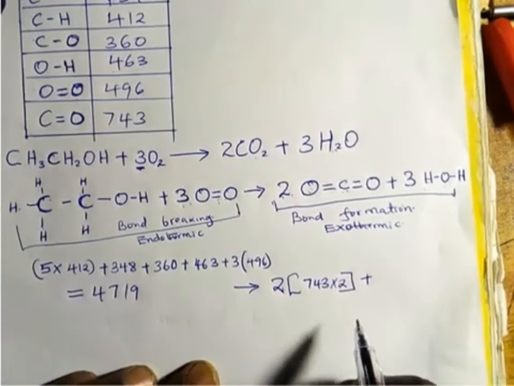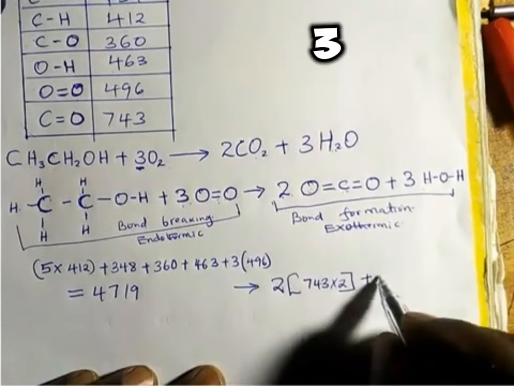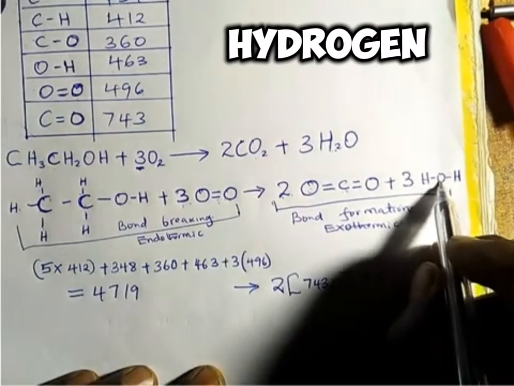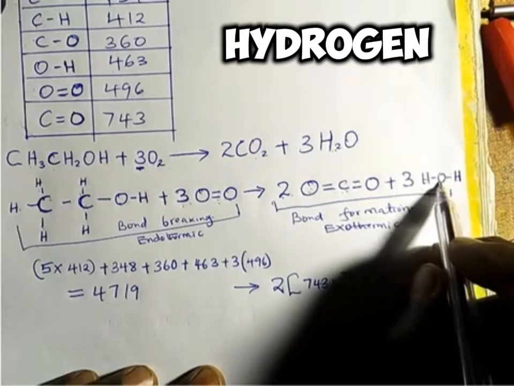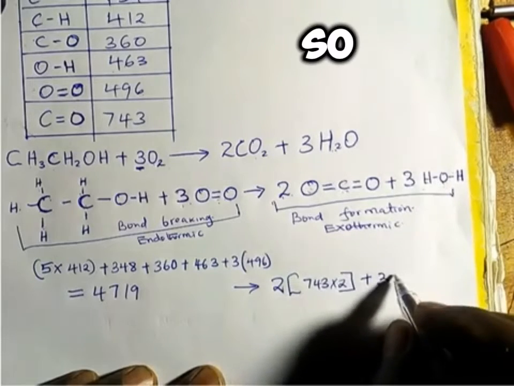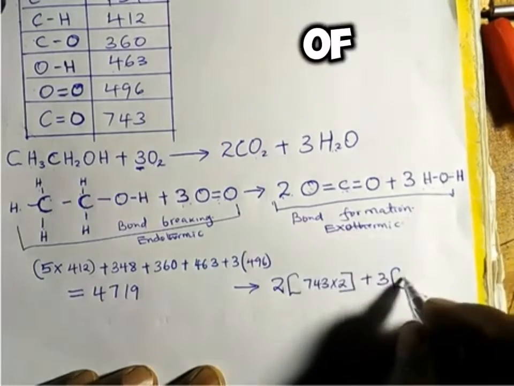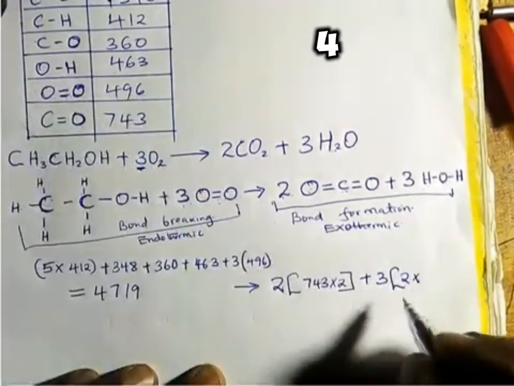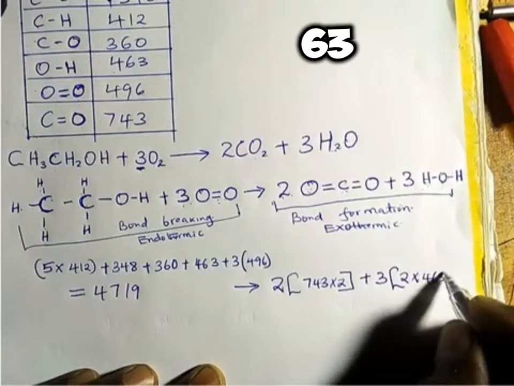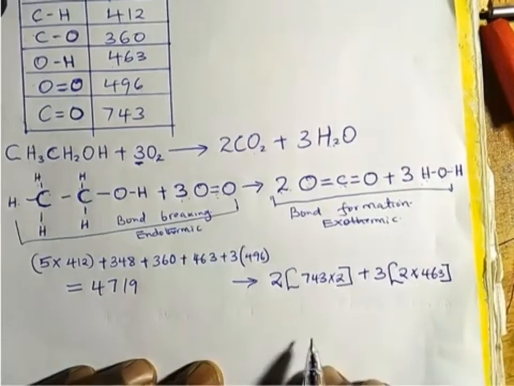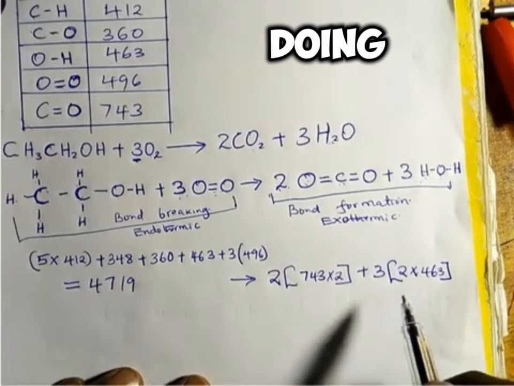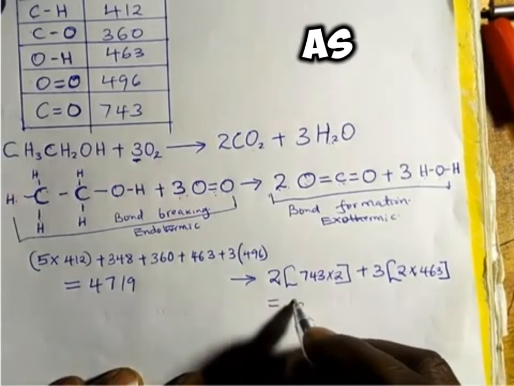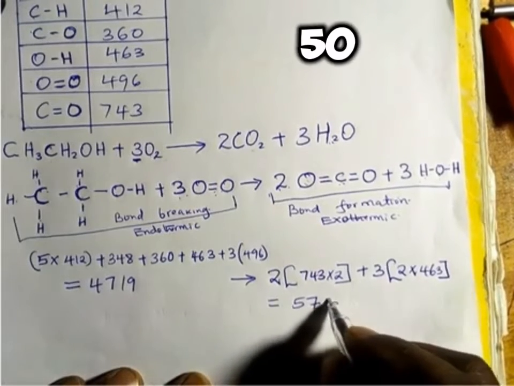Plus 3 oxygen hydrogen. Oxygen hydrogen or hydrogen oxygen is the same. We open bracket, there are 2 of them, so 2 times 3 times 463. By so doing, you will have the total as 5750.